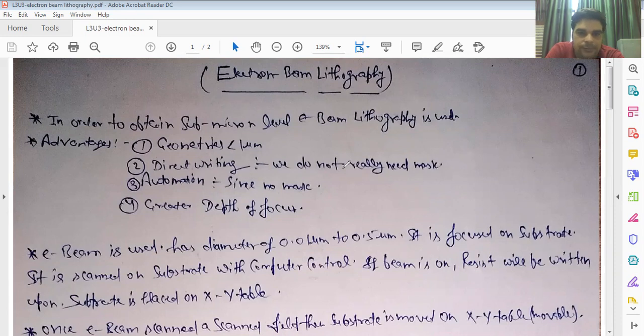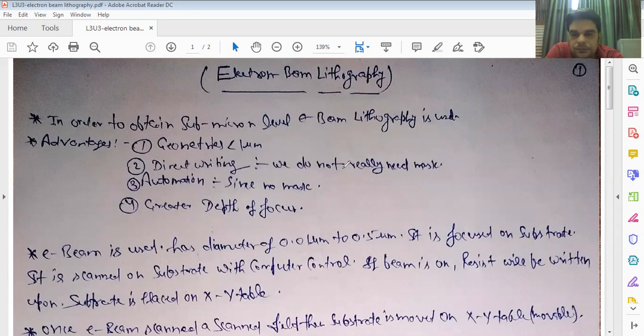The movement of the electron beam onto the silicon substrate is done with the help of computers. And last but not the least advantage is greater depth of focus. So greater depth of focus is achieved by using electron beam lithography.